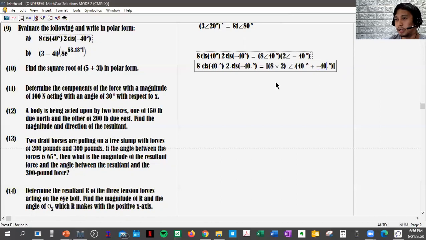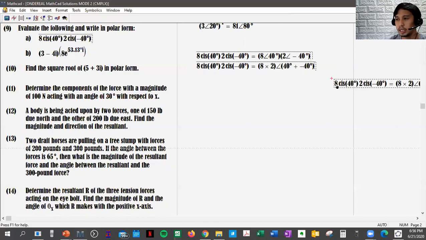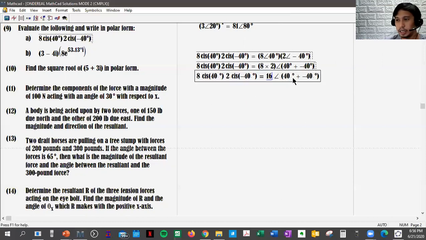Maging 0 yung angle. And if 0 yung angle, ibig sabihin yan, the result is just 16. Okay? 16. If maging 0 ito, bali parang 16 cosine 0 na lang yan, no? Or that is simply 16.